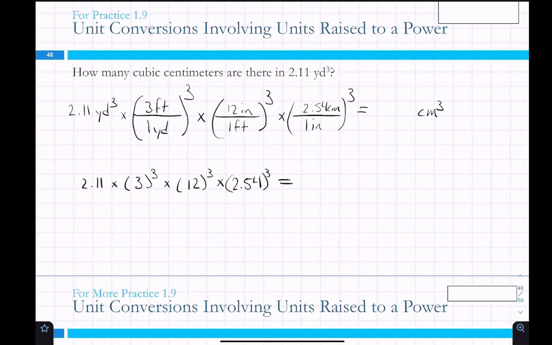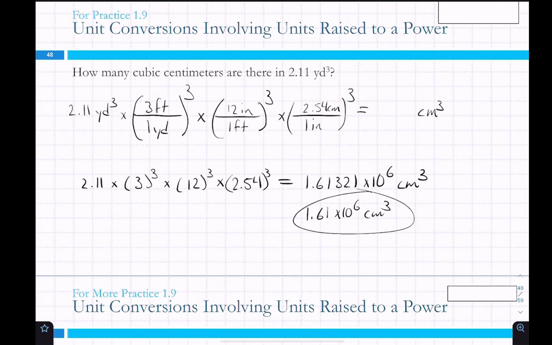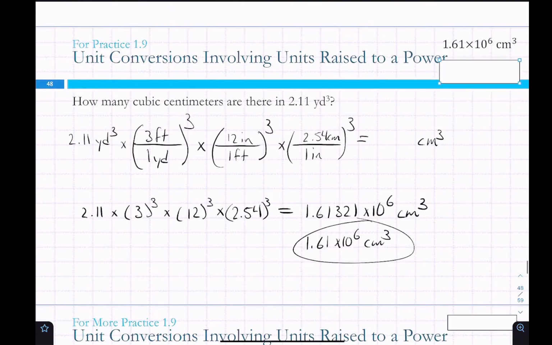That is a very large number. There we go, 1 point. How many sig figs should this have? 3. All of those cubes don't change anything because those are all exact conversions. So 1.61 times 10 to the 6 centimeters cubed. Right? Yeah, look at that.